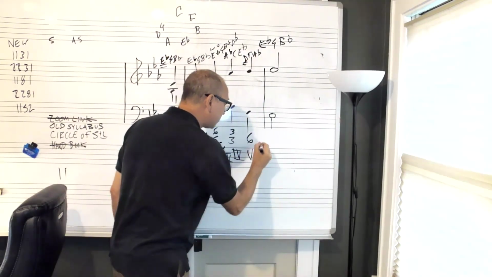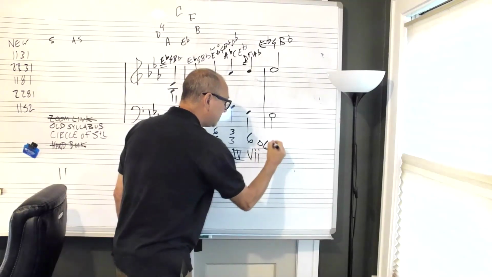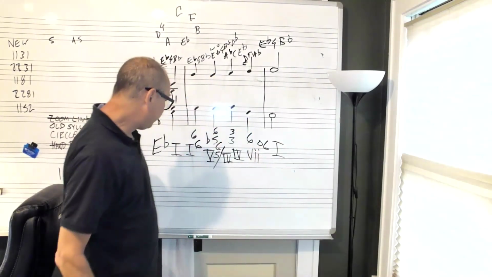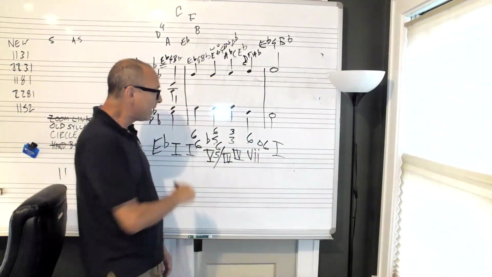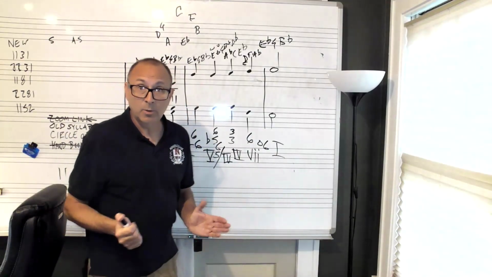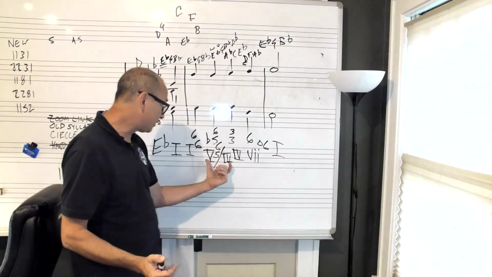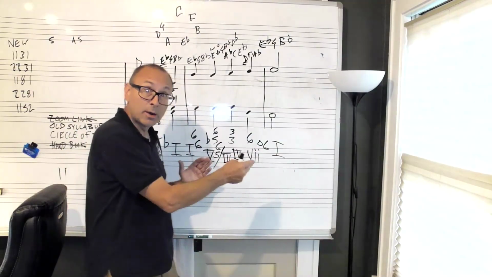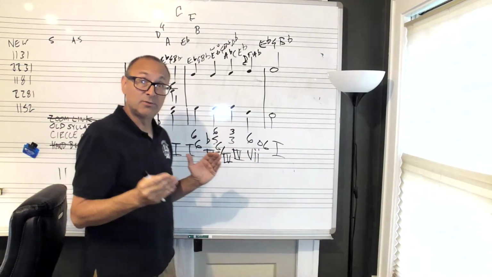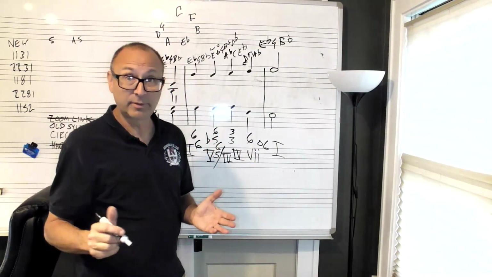The root's D, diminished, 6, and 1. In some ways, the Romans are the hard part, because if we wind up with a secondary situation or first inversion chords, we're going to be challenged to figure out exactly what Roman belongs there.